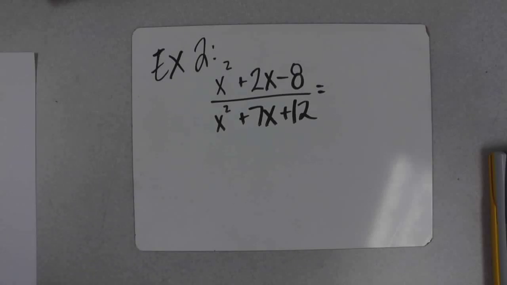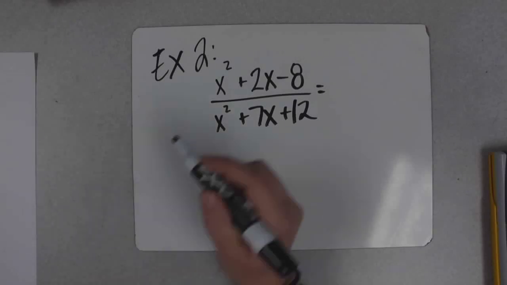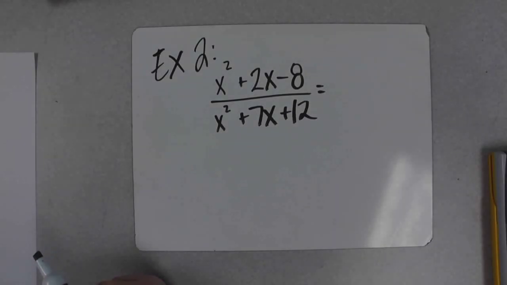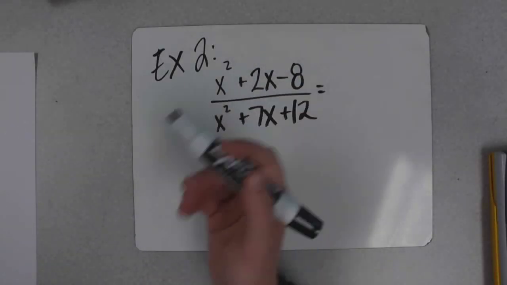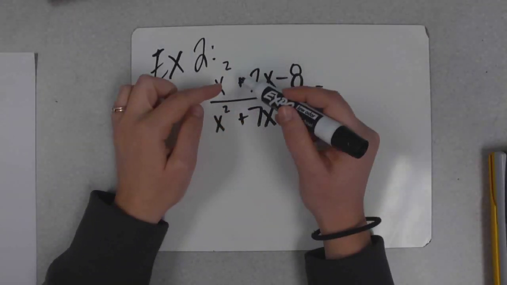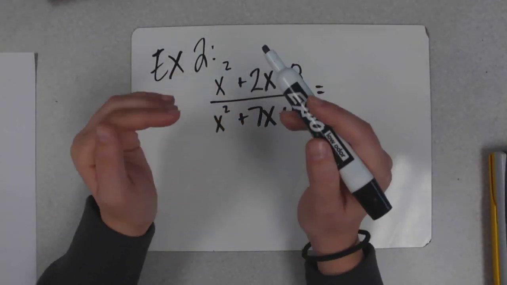One of the most common mistakes that I see with these problems is that students say, oh, I see an x squared and an x squared, let's just cancel them out. And math teachers everywhere die a little bit inside. So don't ever do that. You can't cancel them out because they're not factors. They're connected with the rest of the expression by a plus sign. So we have to factor first.